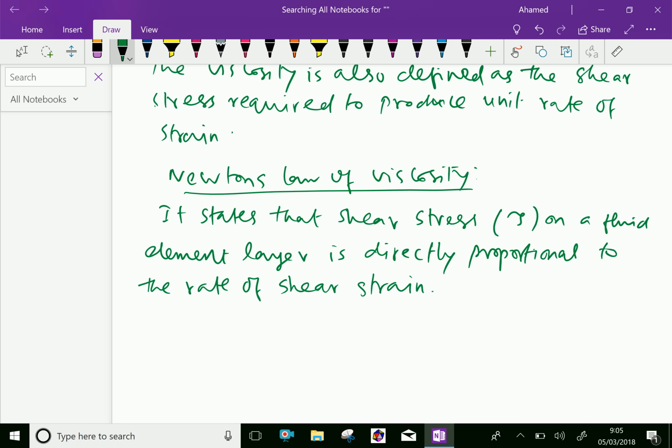The constant of proportionality is called the coefficient of viscosity.